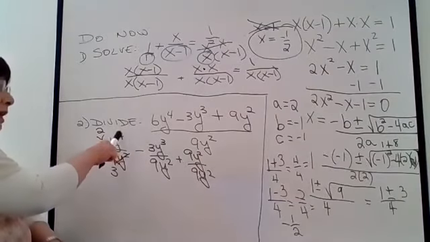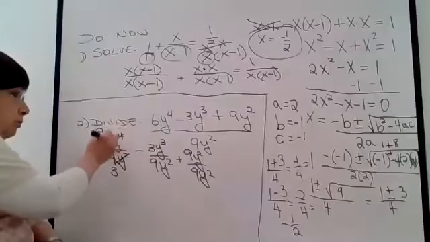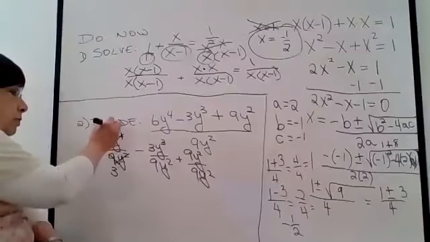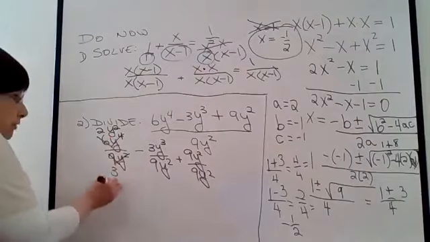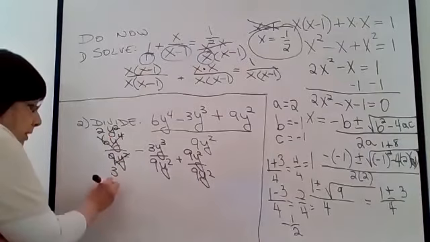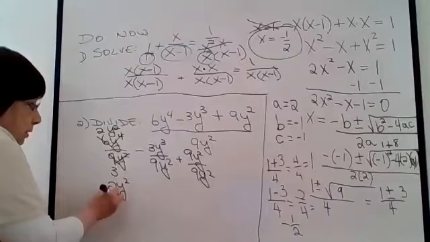And you subtract that exponent from the higher one. So 4 minus 2 is 2. And we're left with the y squared in the top. So my first fraction becomes, in simplified form, 2y squared over 3.